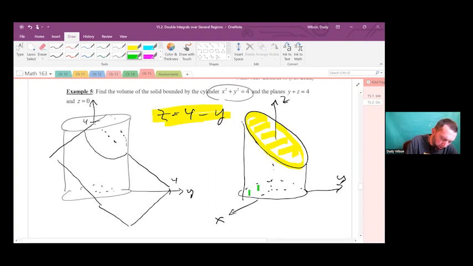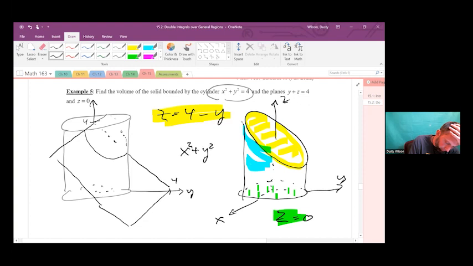The one at the base will be z equals 0. And then the sides are x squared plus y squared equals 4.